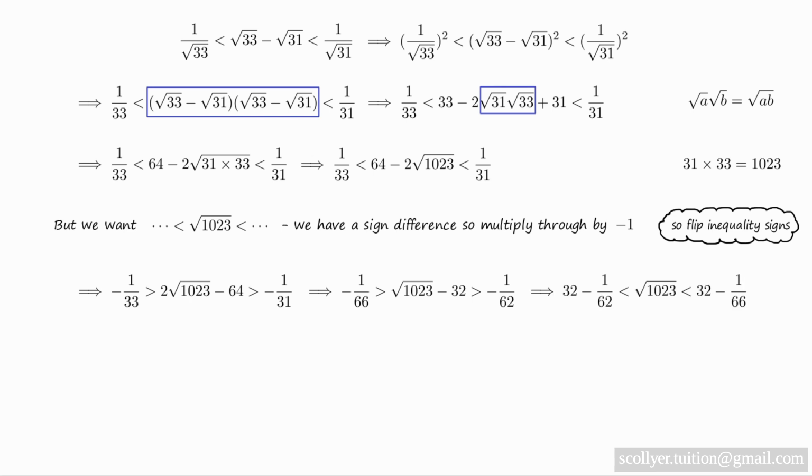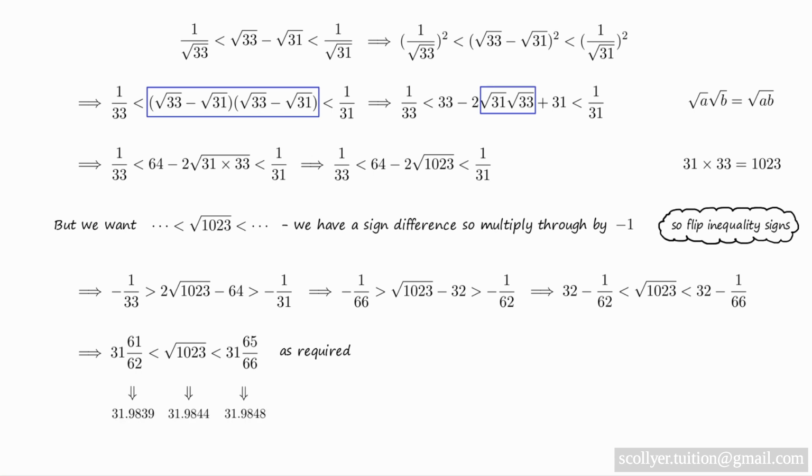And when we do so, we find that root 1023 lies between 32 minus 1 over 62 and 32 minus 1 over 66. And on simplifying, we find that root 1023 lies between 31 and 61 over 62 and 31 and 65 over 66, as required.